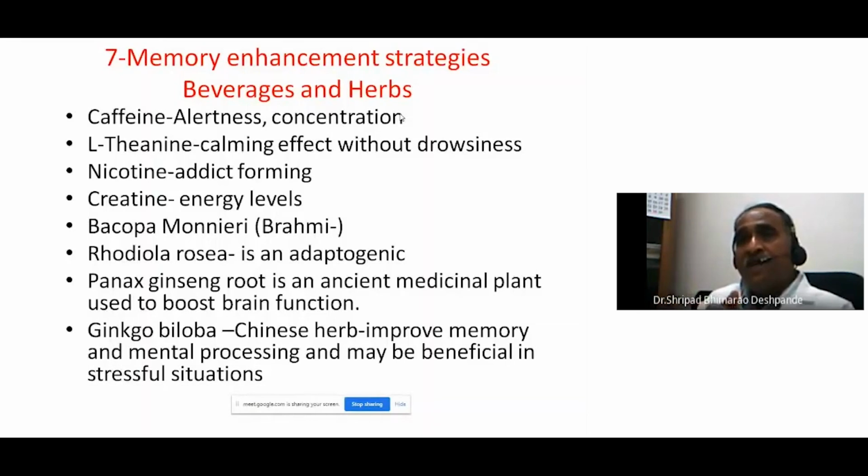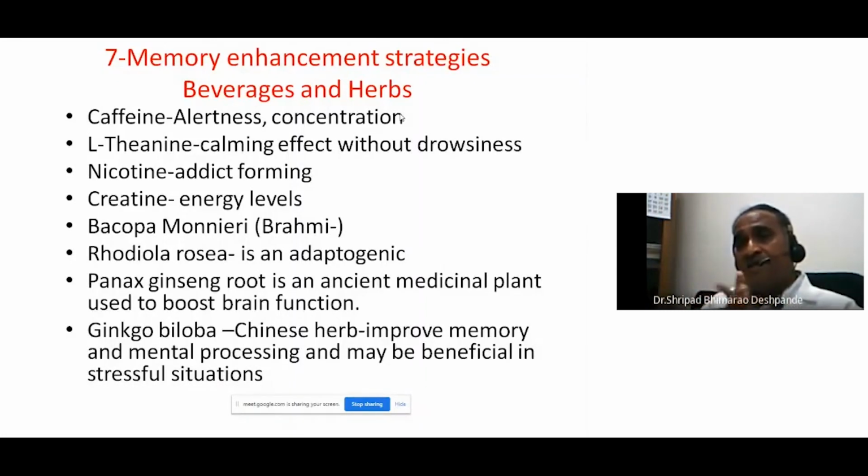So then we have Rhodiola rosea, that is another Ayurvedic preparation. This is adaptogenic. Adaptogenic means it diminishes the stress levels. By diminishing the stress level, your learning is enhanced. Then we have ginseng.